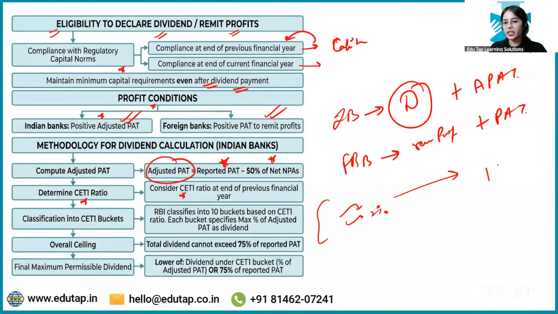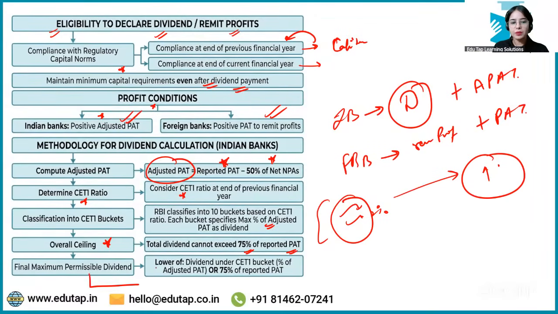According to that, the dividend payout is increasing. So on the basis of the buckets, there is a dividend payout that has been laid out on the basis of the adjusted profit after tax. Overall ceiling, the maximum that can be given is 75% of the profit after tax, and the maximum permissible dividend is the lower of the dividend according to the bucket or the 75% of reported PAT.